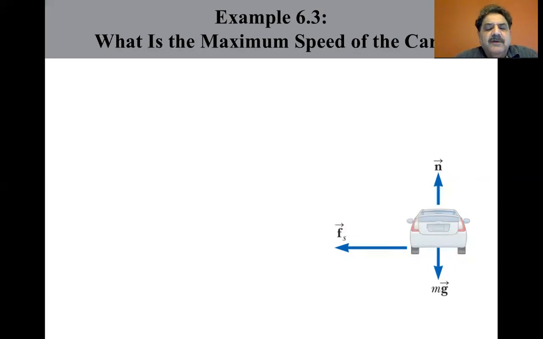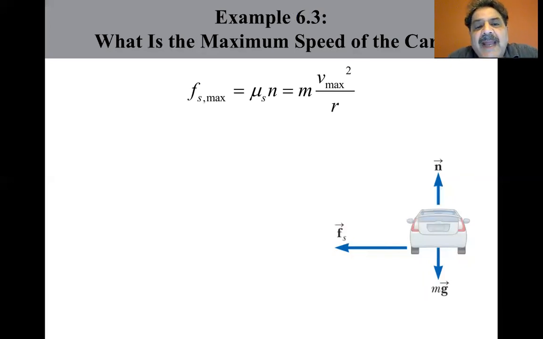Let's apply the equation from the particle in uniform circular motion model in the radial direction for the maximum speed condition. So Fs max is equal to mu sub s times n, equals mass times centripetal acceleration. So those two have to be equal. The friction force and the mass times acceleration have to be equal.